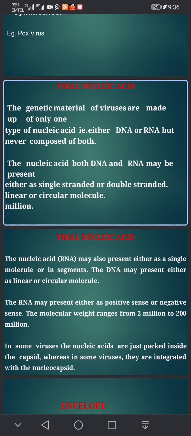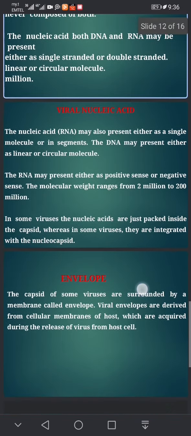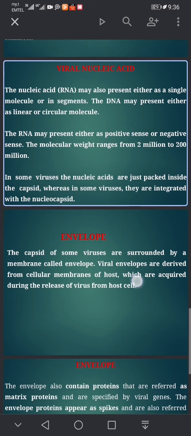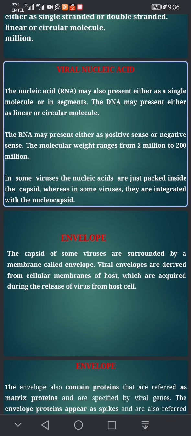If the virus is a DNA virus, it can be a single-stranded DNA virus or a double-stranded DNA virus, or if it is an RNA virus, it can be a double-stranded RNA virus or a single-stranded RNA virus.